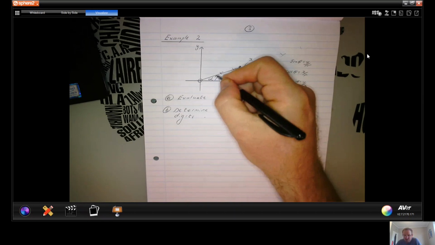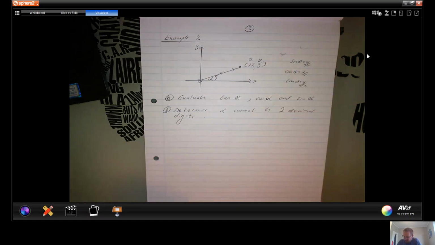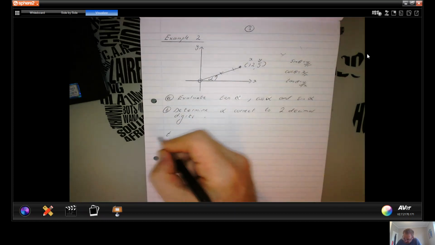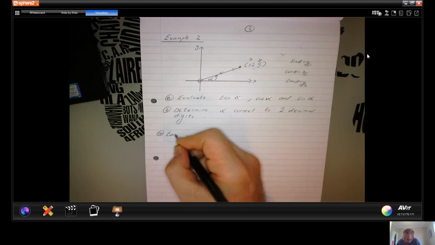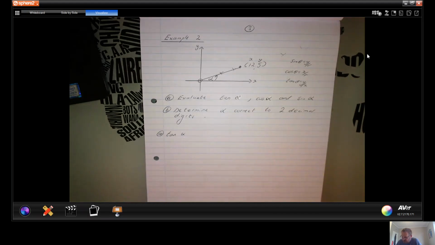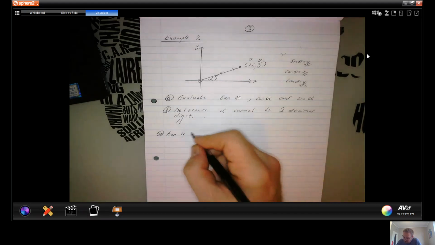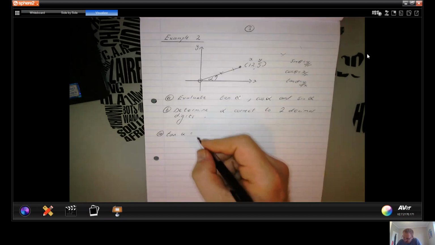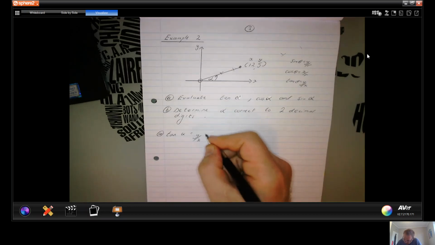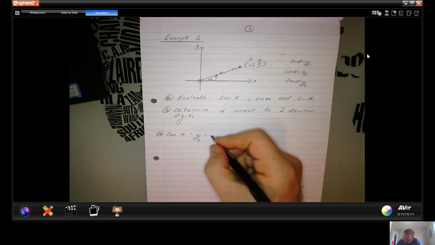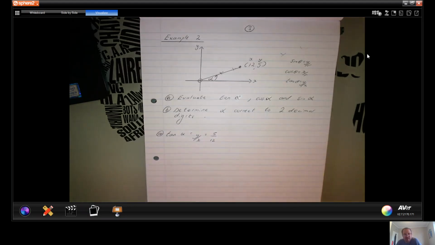That is an angle measured in an anti-clockwise direction. So tan alpha is going to be equal to the ratio of the y coordinate over the x coordinate, and a y coordinate and an x coordinate go together for that angle, is 5 over 12.